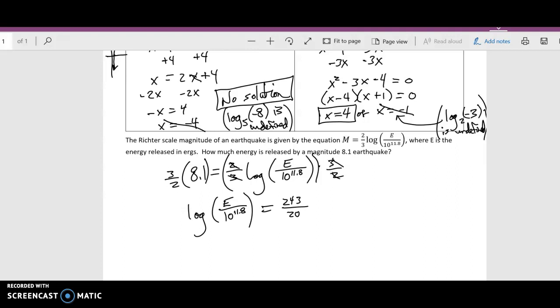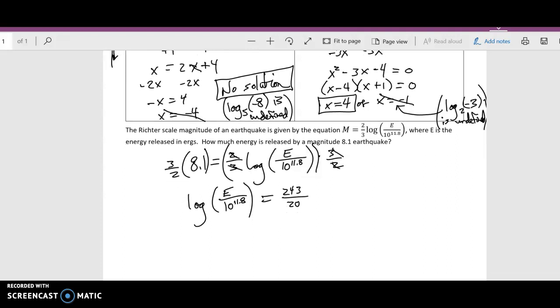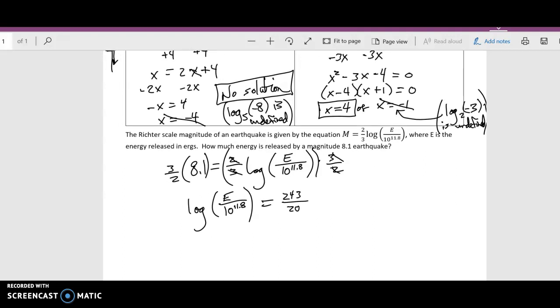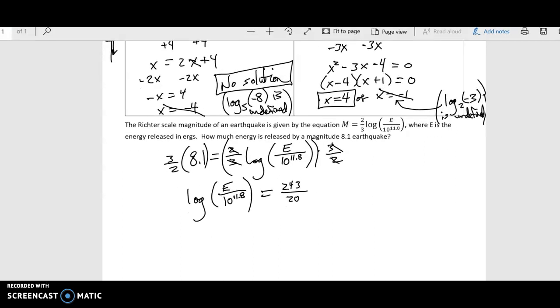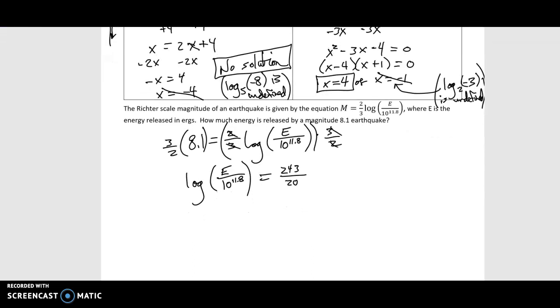Okay, we're going to do the log roll. So our base is 10. Our base is 10. We're going to raise that to the 243 over 20. And that's going to be equal to what we're taking the log of, E over 10 to the 11.8.